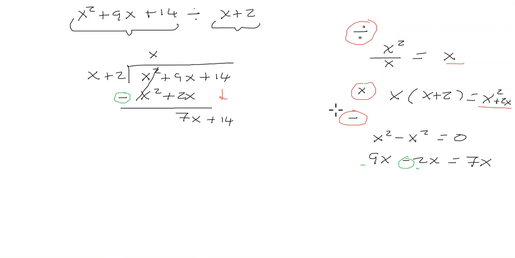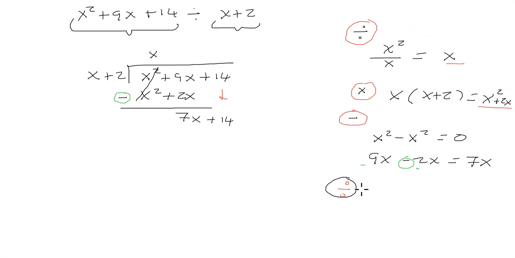Now we do exactly the same thing again. We start off with our division phase. We take the x term of this expression and divide it by the x term here.